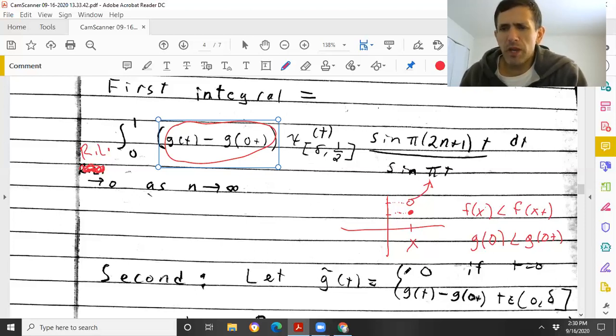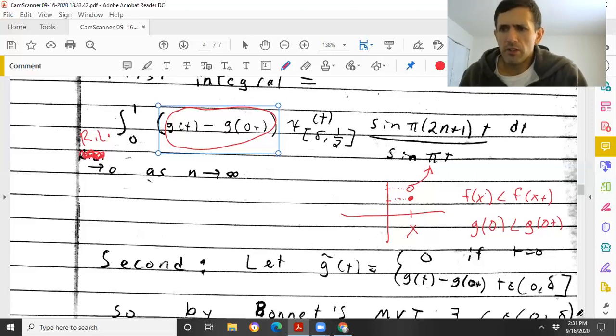So we simply make g tilde of t to be 0 if t equals 0, and this whole thing here if t is bigger than 0. If t is bigger than 0, g of t is bigger or equal to this right-hand limit. That's trivial, because g is assumed to be increasing, not necessarily strictly increasing, so this could be 0, but it is increasing. This here is bigger or equal to 0 if t is bigger than 0.